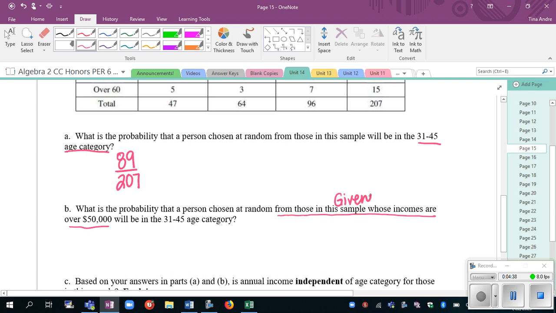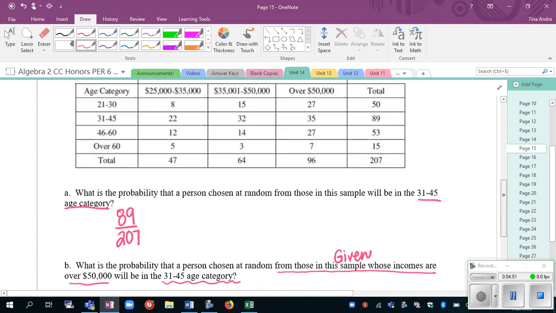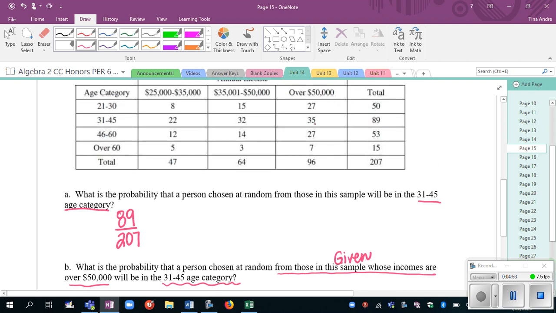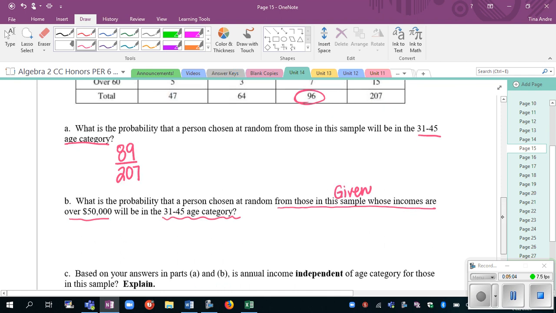Given that the person's income is over 50,000, what is the probability that they will be in the 31 to 45 age category? Out of those who make over 50,000, so out of the 96 people in this category, what's the probability that they're 31 to 45? It'll be 35 out of the 96.